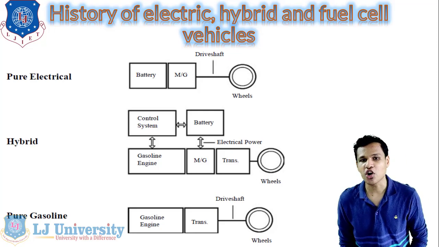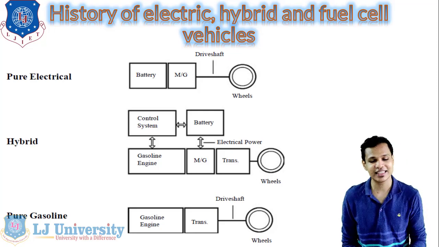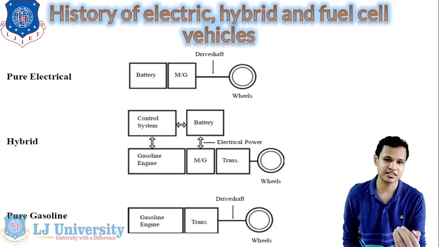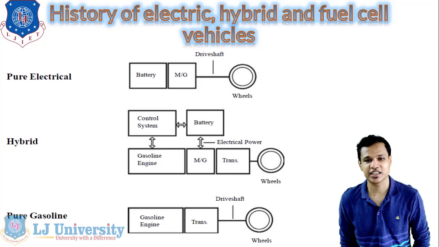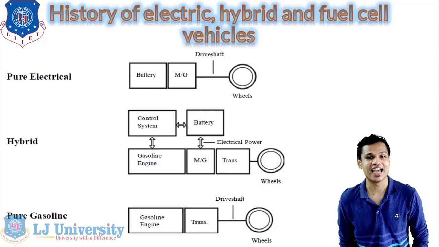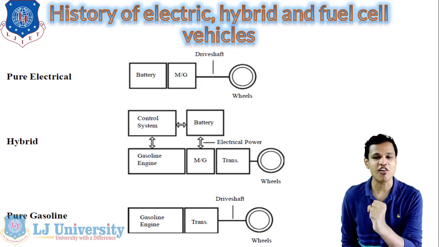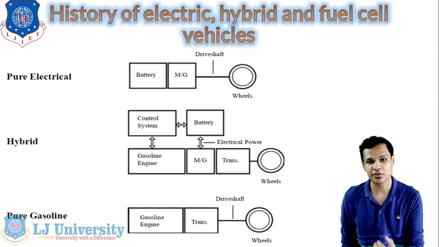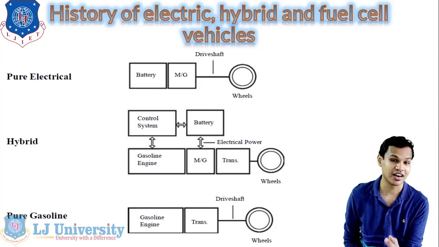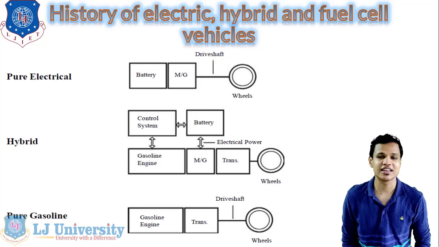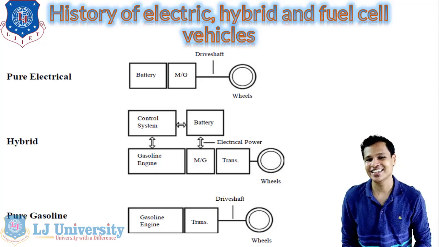In the case of the pure petrol vehicle, you can see that our engine is connected with our transmission system, and further it is connected with our wheels with the help of the drive shaft. Right, that we have already learned in the subject, that is automobile engines, basics of automotive systems, etc. We know all the things about the vehicles that are used on the petrol and diesel.